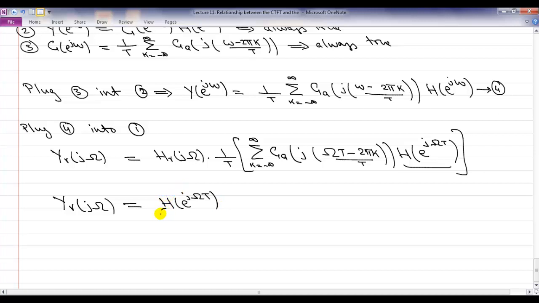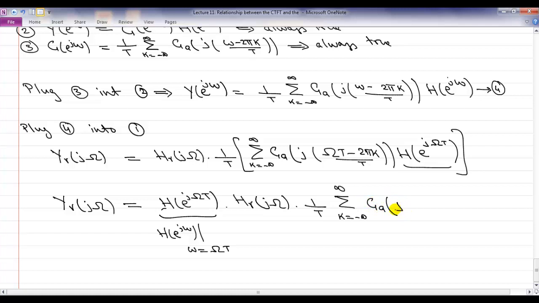This is just H of e to the j omega with omega replaced by capital omega T. So I get this times H_R of j omega times 1 over T summation k from minus infinity to infinity G_A of j, I'm going to write it in two terms, omega minus 2 pi k over T.